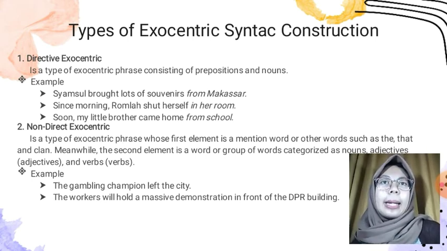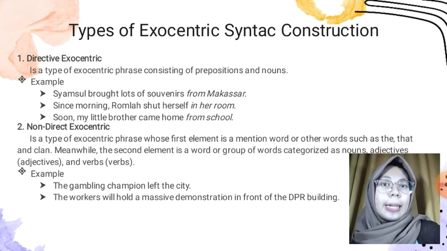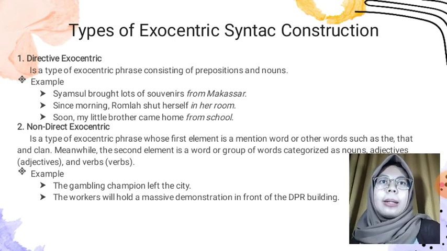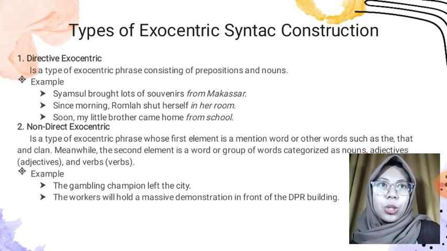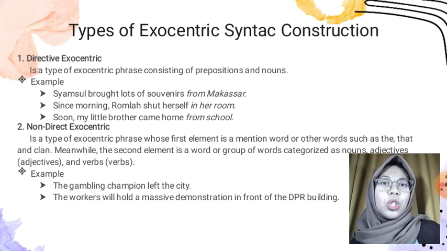And the second component is a word or group of words that are usually categorized as nouns. Since the first component is a preposition, this directive exocentric pair is also commonly called a prepositional pair.